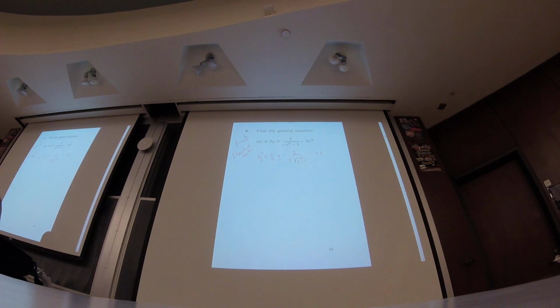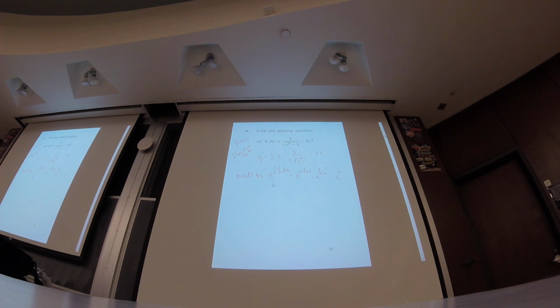I'm just going to blindly go ahead and hope for the best with respect to integration. We multiply by e to the integral 2 over x dx, which is e to the 2 ln x, which is e to the ln x squared, which is x squared, property of exponential and log functions.